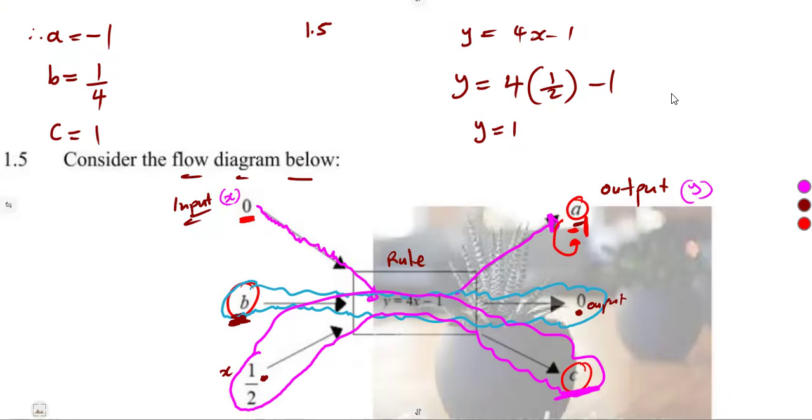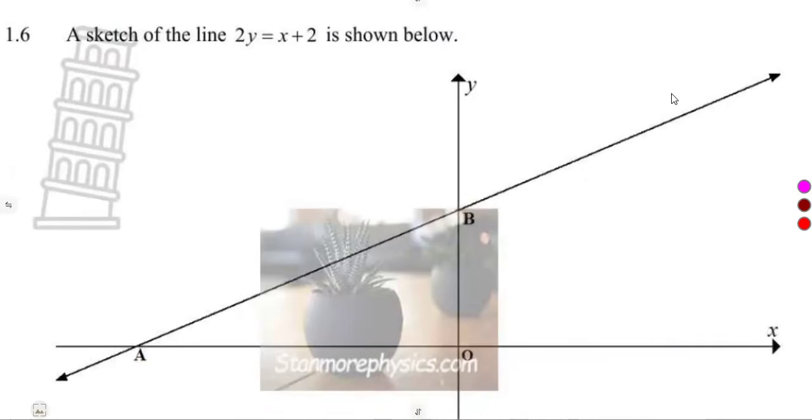So that is it. Just be straightforward with the given rule, and understand the idea of input and output, all right? A sketch of the line 2y is equal to x plus 2 is shown, all right? So this is the sketch that we are given.